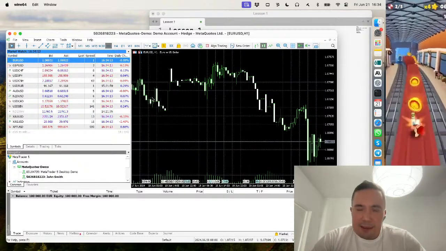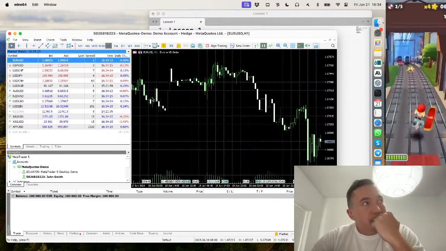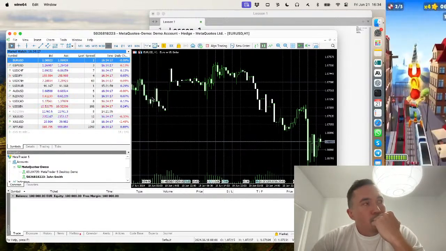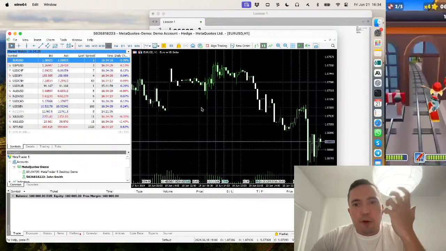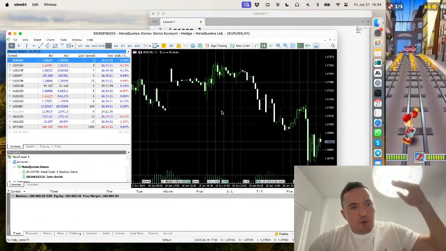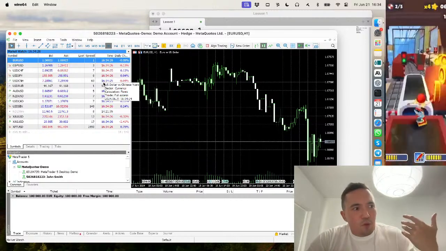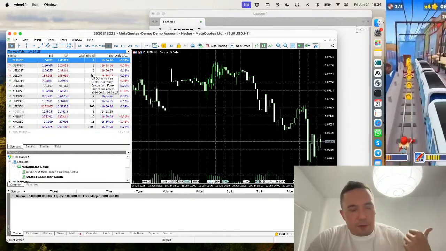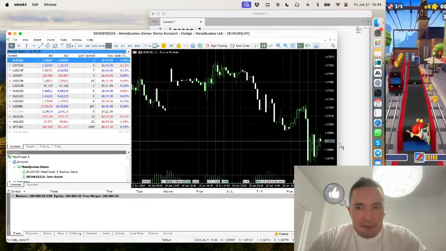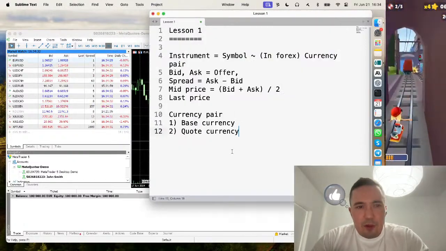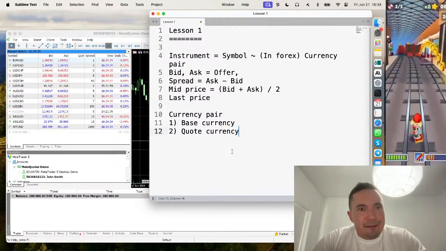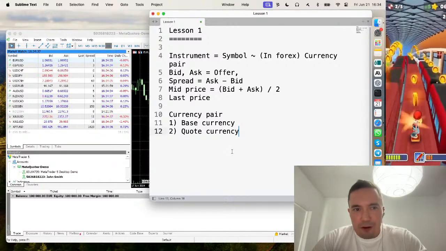So the price is like a ratio between the price of euro and the price of dollar. So how much you pay in the second currency for the first currency. It's not important to know it by heart, right?